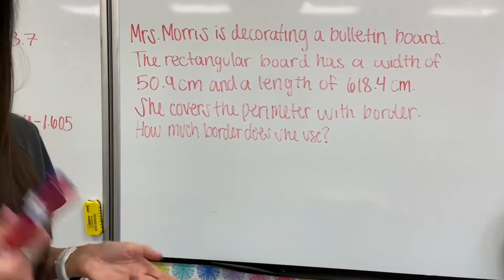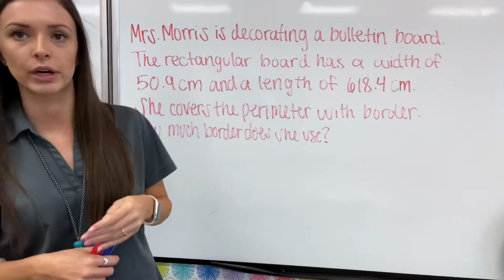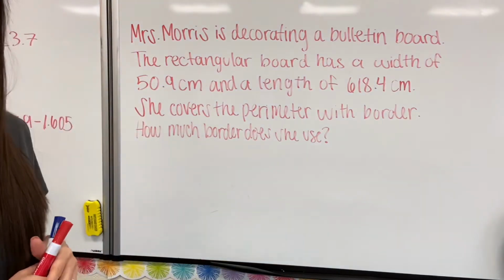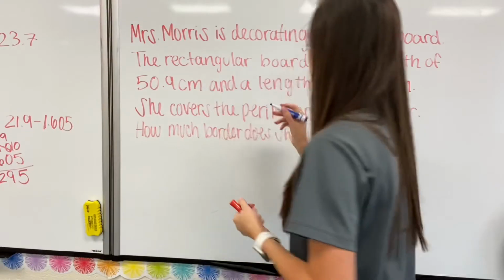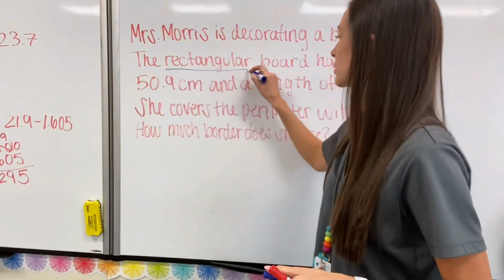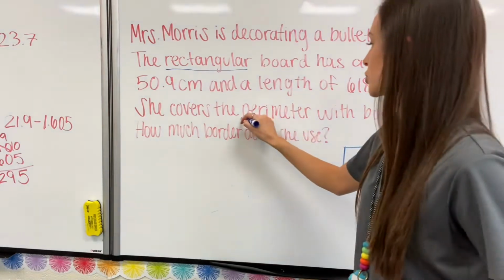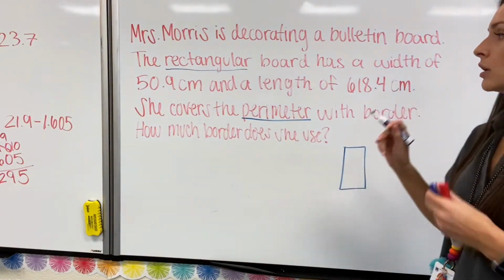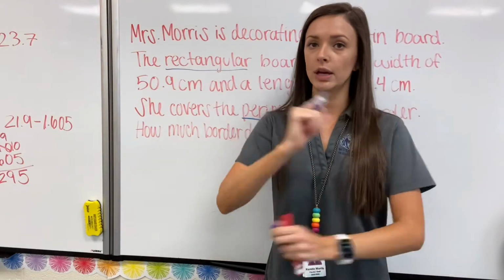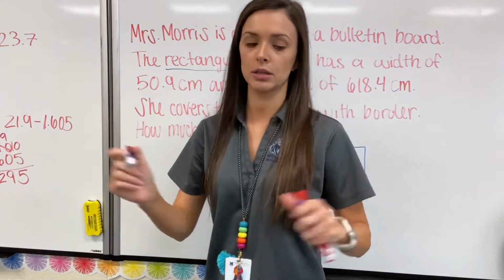So how do we find perimeter? Let's take a little rewind, step back to 3rd grade. How do we find perimeter? So we know that the perimeter, there's some key words here. We've got a rectangular board, so maybe I draw a picture of a rectangle. We know that the perimeter is everything that goes around. So that means perimeter equals length plus width plus length plus width.